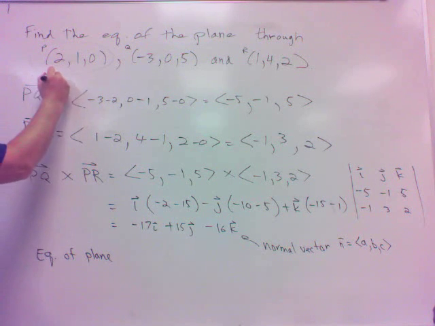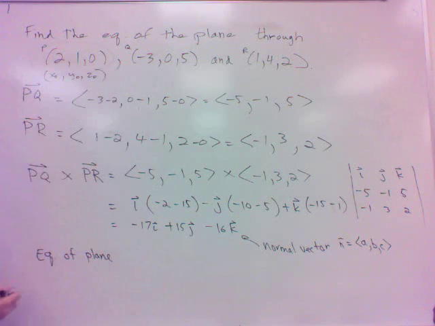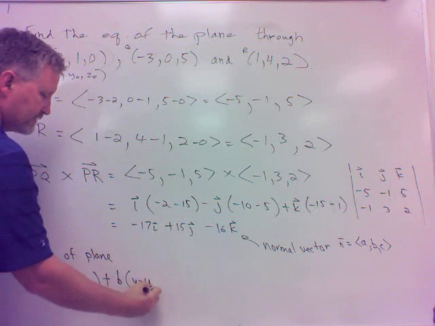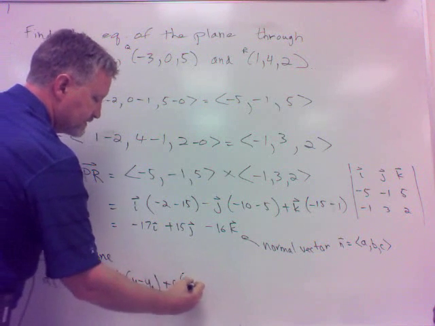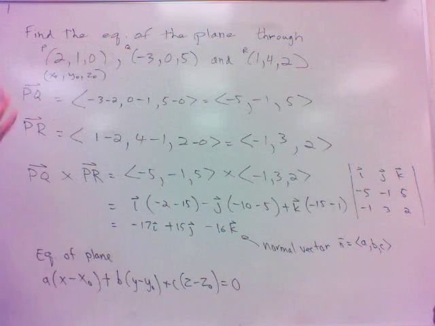So this is our x0, y0, z0 point right there. So it's a times x minus x0, plus b times y minus y0, plus c times z minus z0, equals 0. And so we've got it all, don't we?